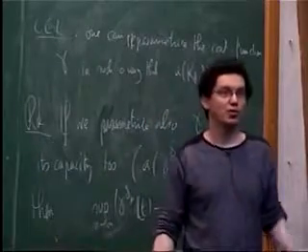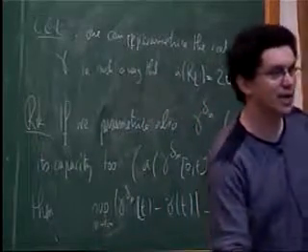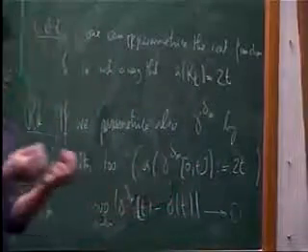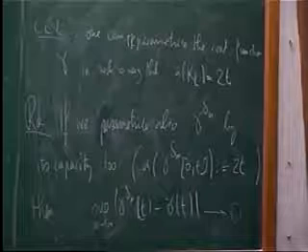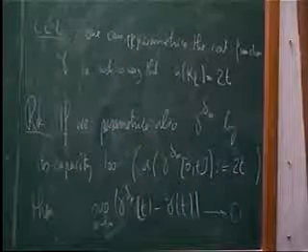So what I'm just saying is that we are here in a bounded domain D, and the gamma delta n converges to gamma.